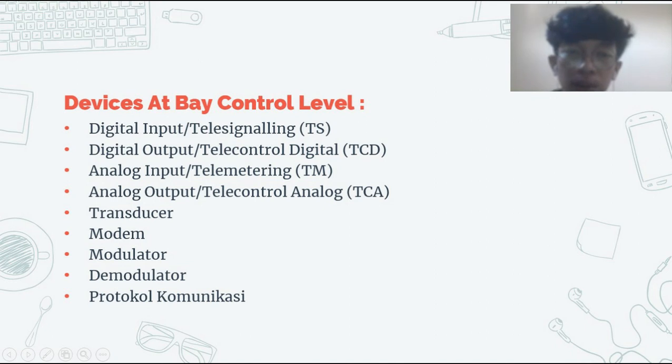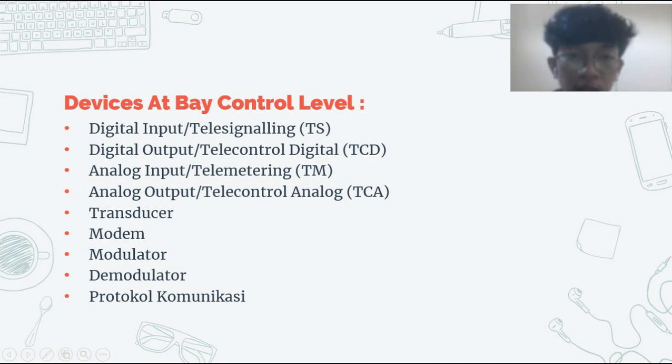Through the RTU, it can be easily controlled and monitored by the operator through the control center, where the bay level requires a device for component communication in the field that is converted in the form of data that has been processed on a controller.